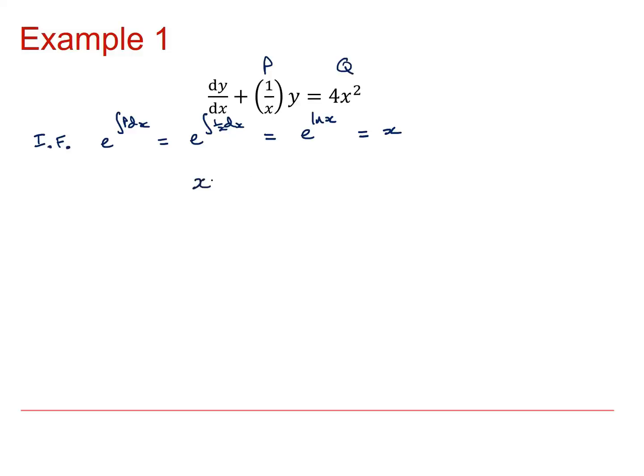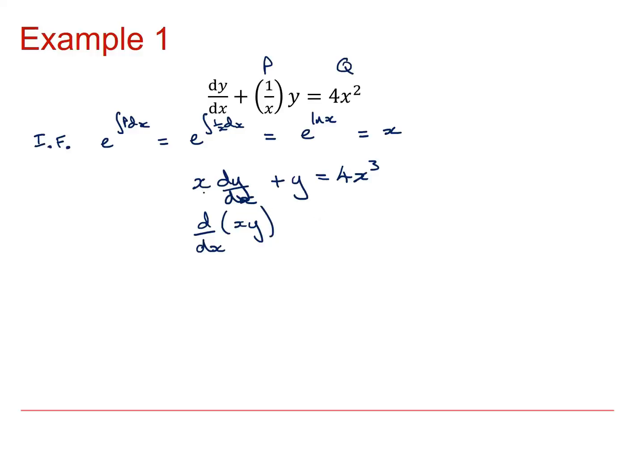So I've got x dy/dx plus y is equal to 4x cubed. The left-hand side I know is now a perfect derivative, so that's d/dx of xy.